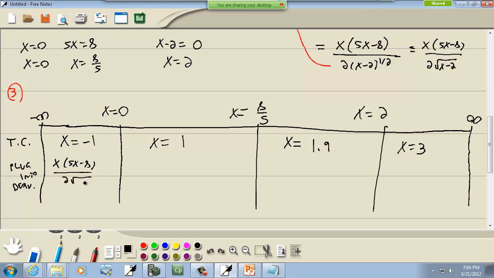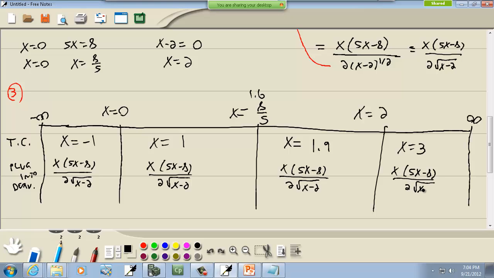Same thing here. What was this anyway? This is 1.6, right? So let's keep that in mind. Just plug in our test cases.